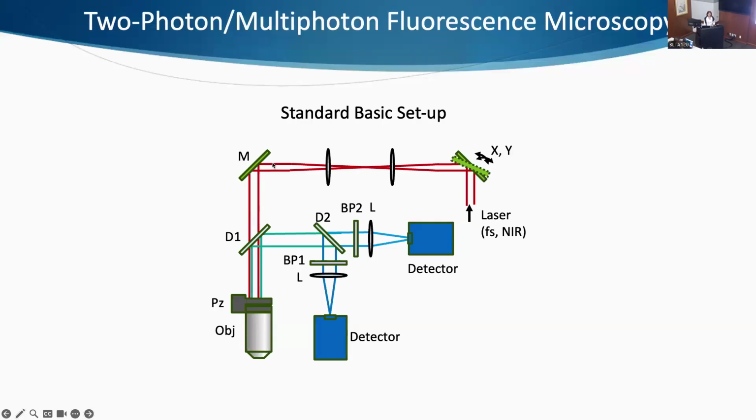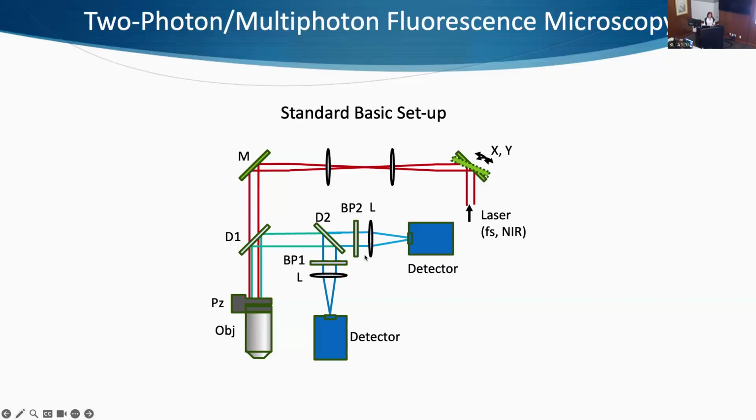This mirror doesn't do much, just steering the beam towards the setup, and then you have dichroic mirrors that separate the excitation from emission. Basically, in principle, you can have only one detector, no second dichroic.